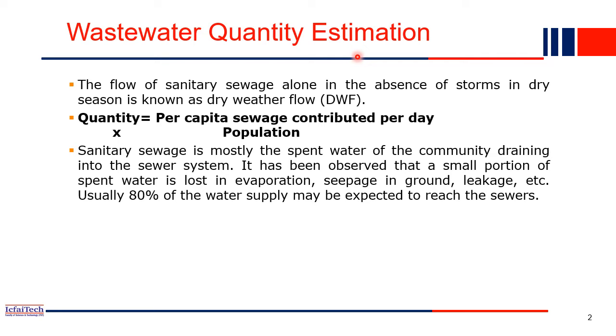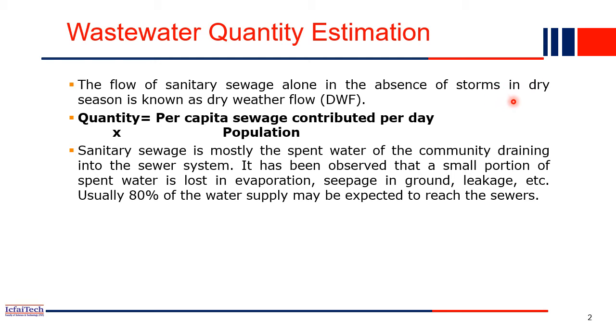Before we design the different treatment plants, first we have to understand how much total wastewater is produced by the city as well as the industries nearby, because that much wastewater has to be treated every day and then disposed of. So for wastewater quantity estimation, we consider the flow of sanitary sewage alone, in the absence of stormwater.